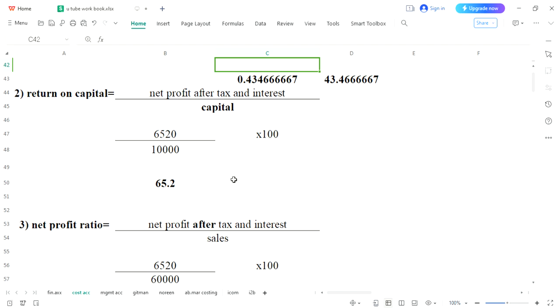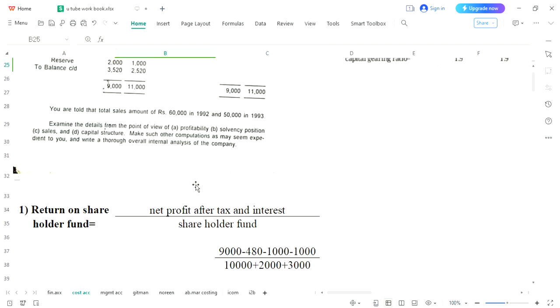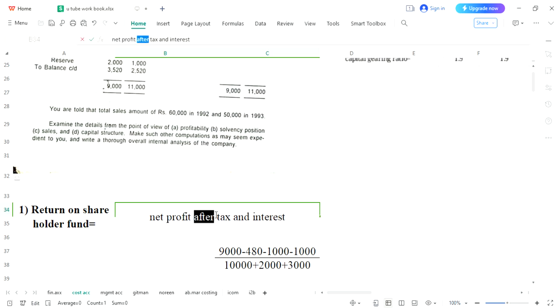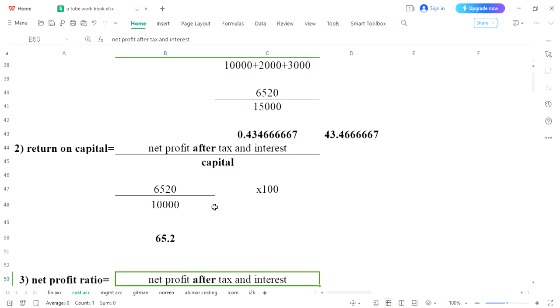In return on capital, it was after tax. Then in the first formula, it was net profit after tax and interest. Have you noticed? First formula, return on shareholder fund, after. Then second formula, return on capital, after.